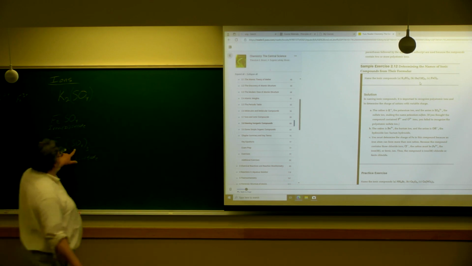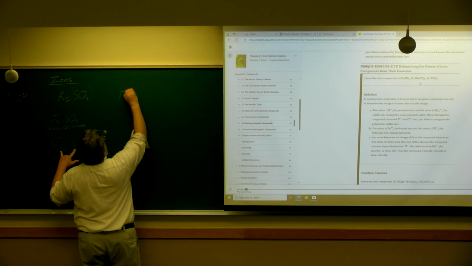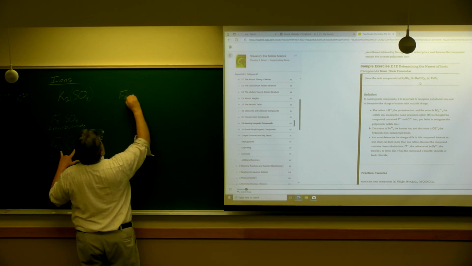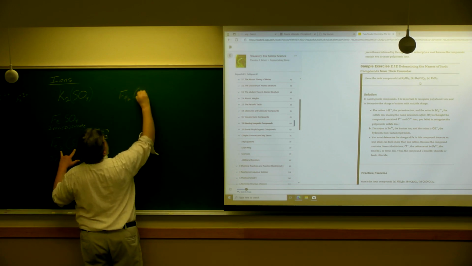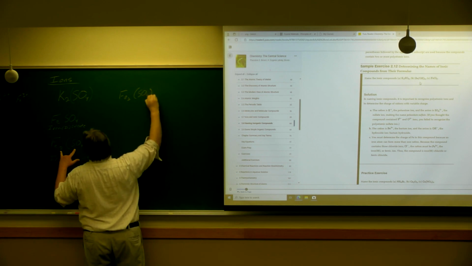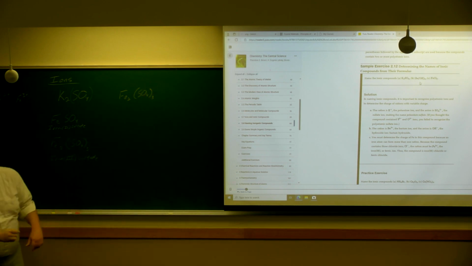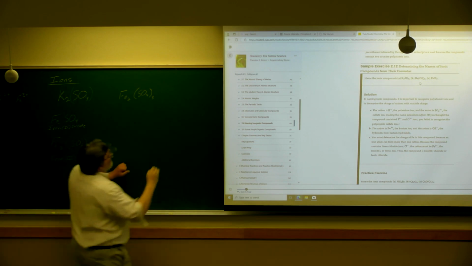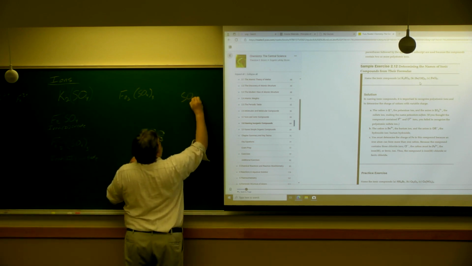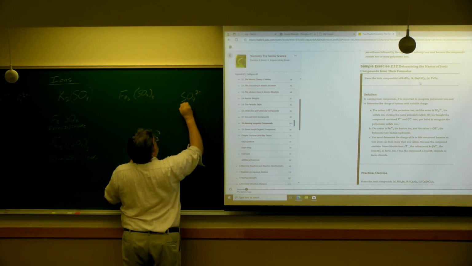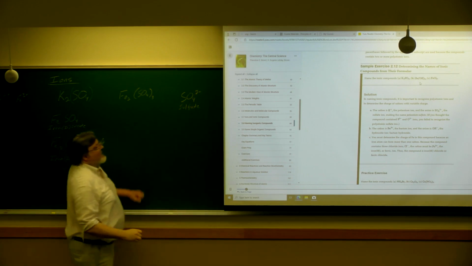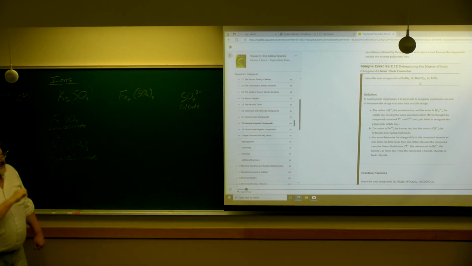If you were looking at this, and I said, let's say this was on the test, and I said, name this compound, and then you look in the notes I gave you to use on the test, and you see in the notes, SO4 2 negative, sulfate.